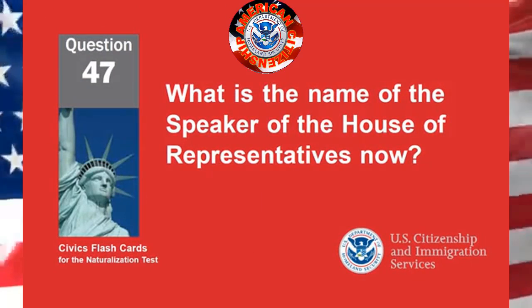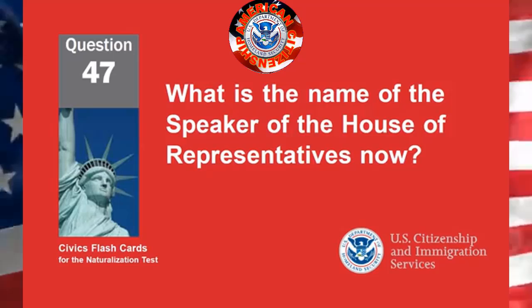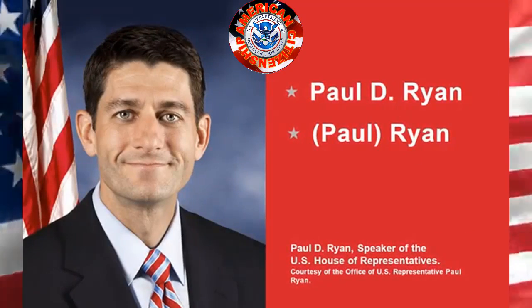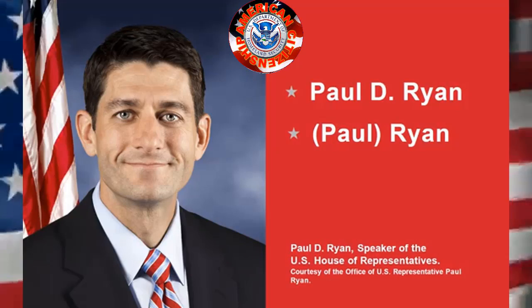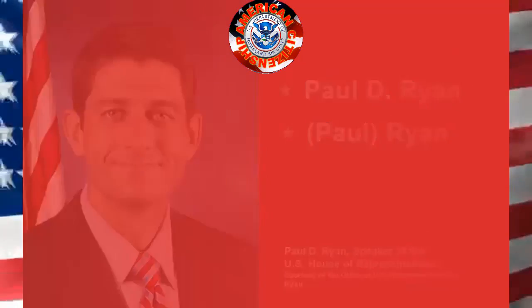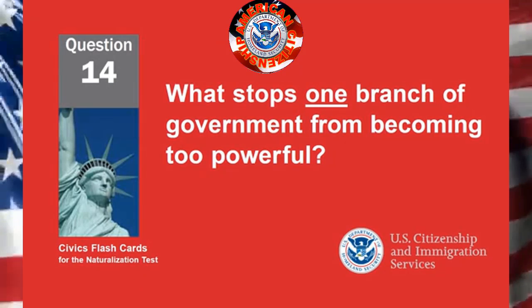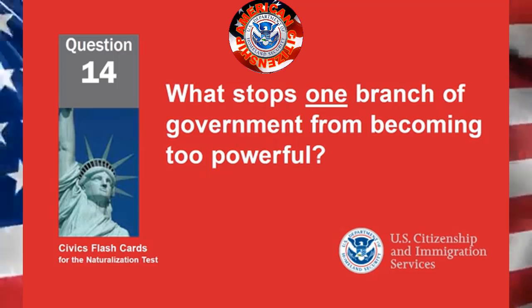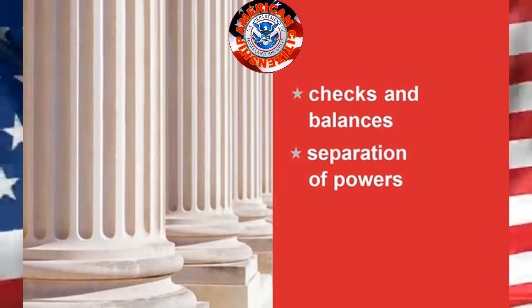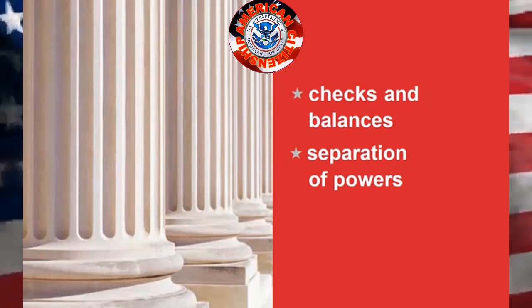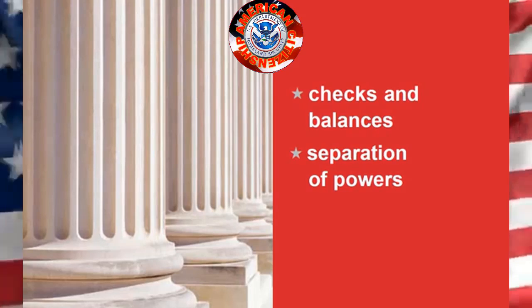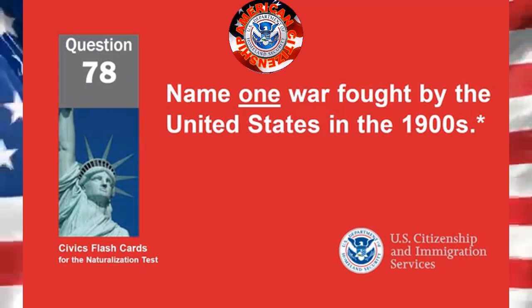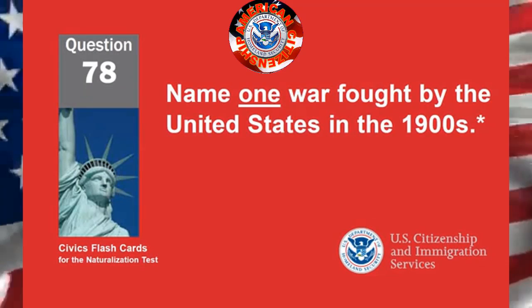What is the name of the Speaker of the House of Representatives now? Paul D. Ryan, Paul Ryan. What stops one branch of government from becoming too powerful? Checks and balances, separation of powers. Name one war fought by the United States in the 1900s.